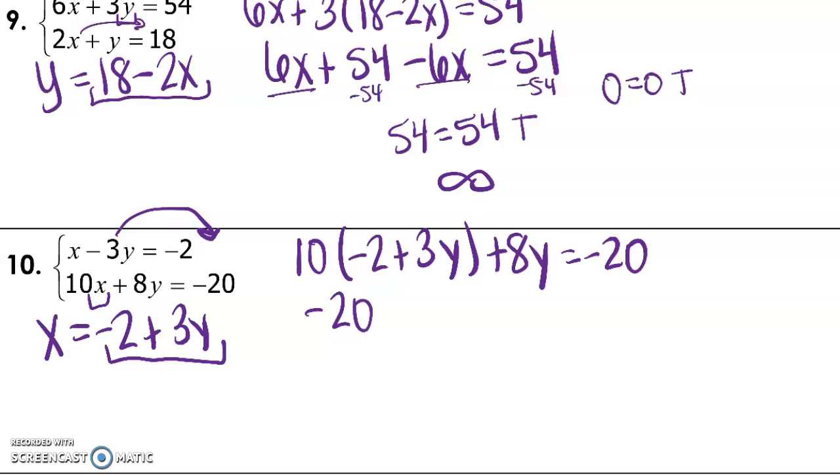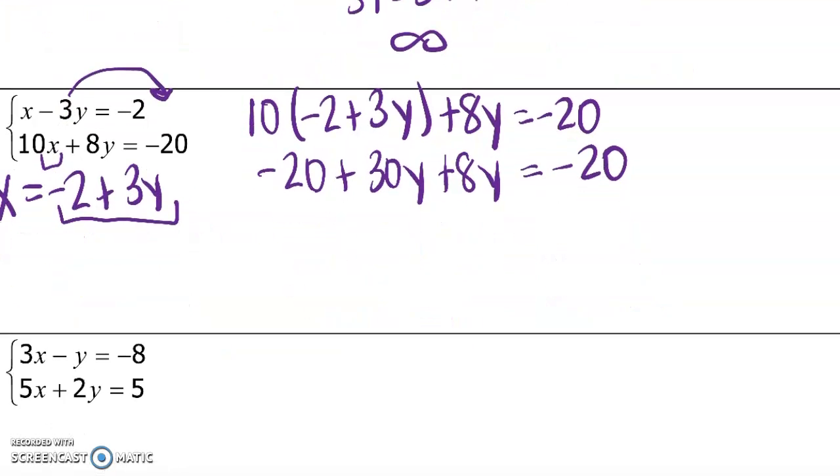Distribute gives me negative 20 plus 30y plus 8y equals negative 20. Here's where you have to be careful. If you combine, you have 38y. If you add 20 at the same time, you get 0.